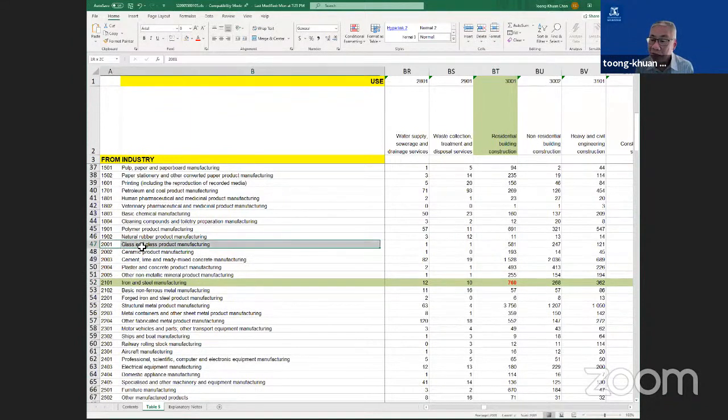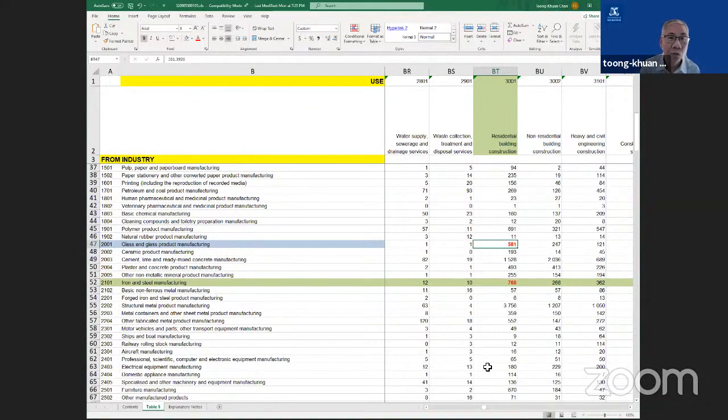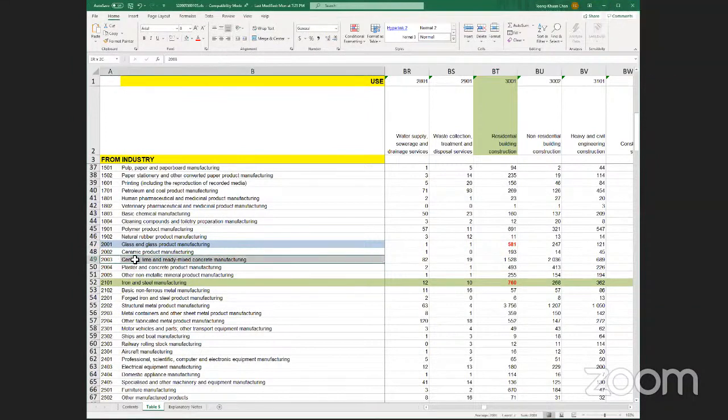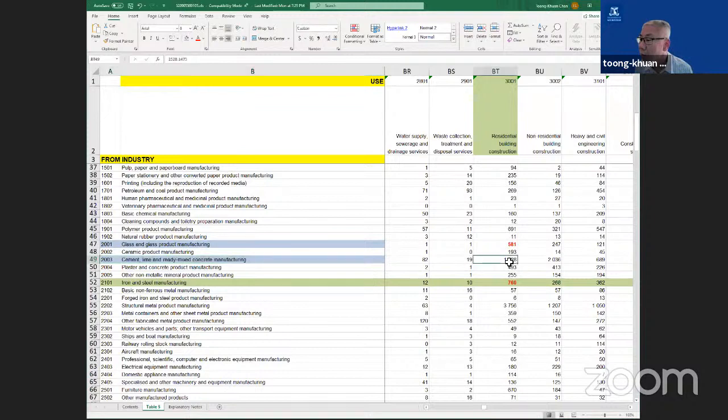If you think about glass, so that's glass. And residential building buys $581 million worth of glass from the glass manufacturing industry. Ceramic, yes. Cement.